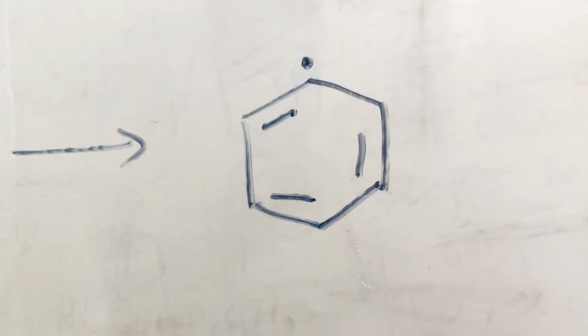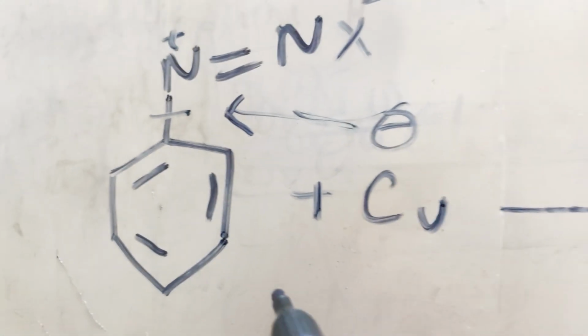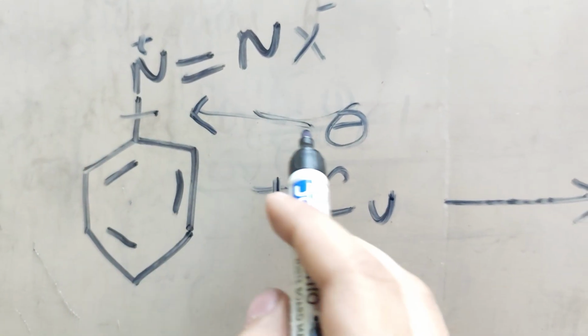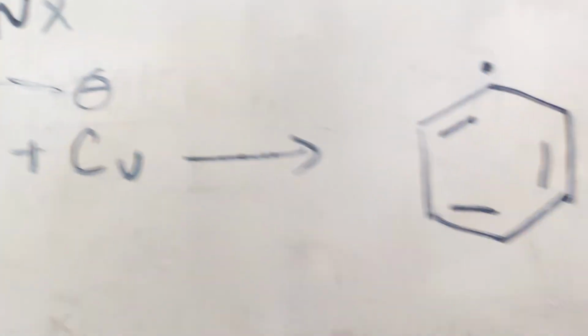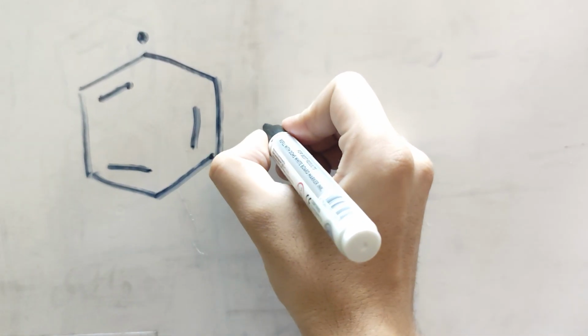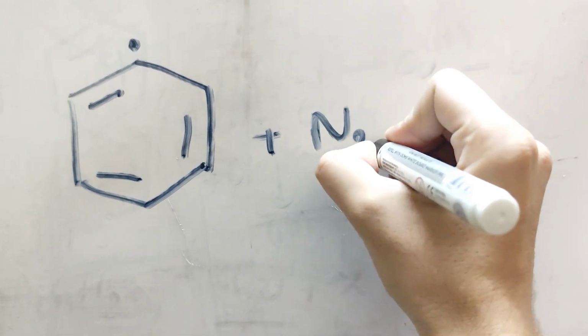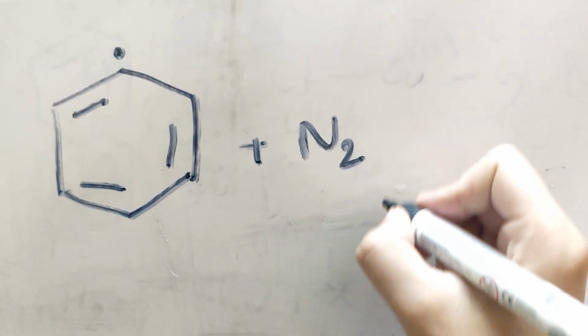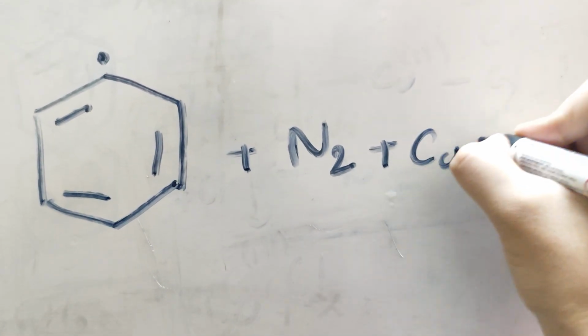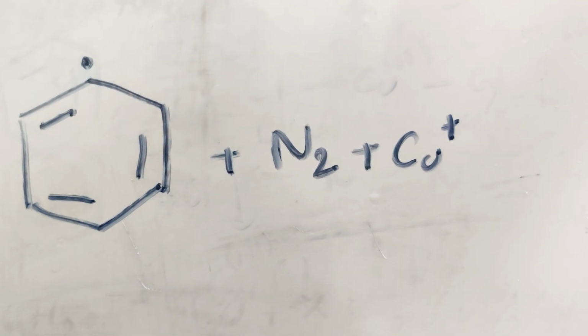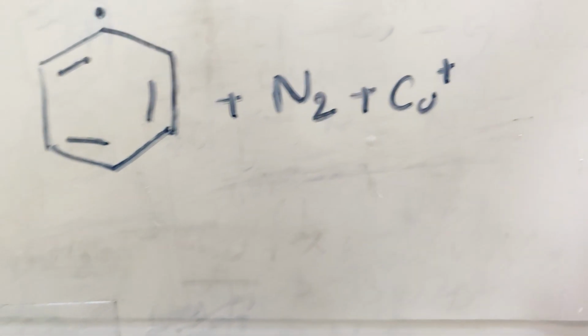After this, the nitrogen accepts the electron and goes away. So N2 gas is released. The copper, however, has a positive charge now, as it has donated an electron.